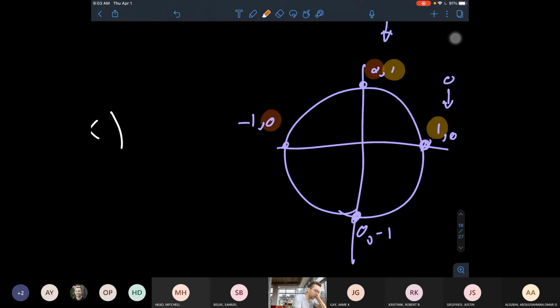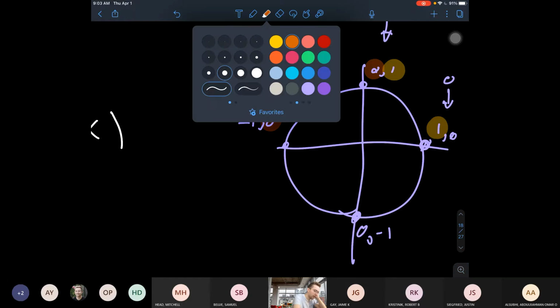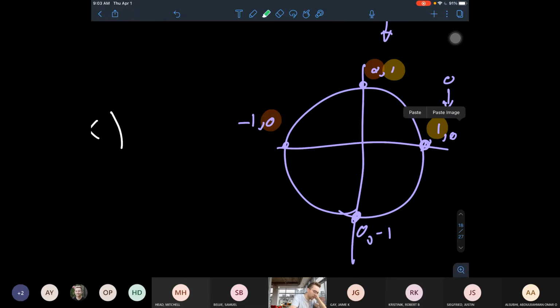The y value of the coordinate on the left side has the same value as the x coordinate of the point on the top. And then the y value here at negative 1 down below has the same y value as the point on the left side has x value.